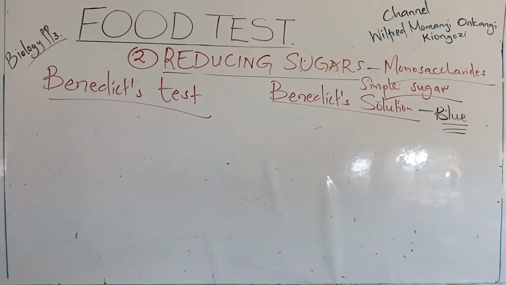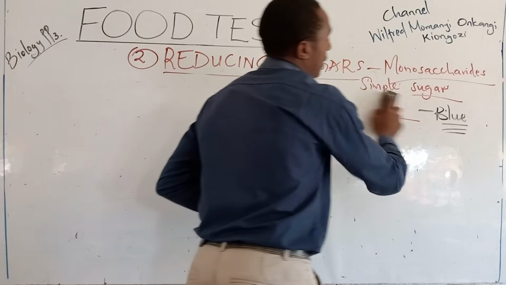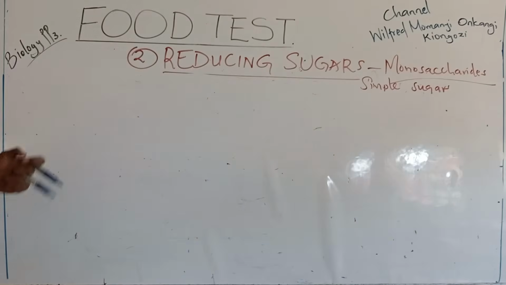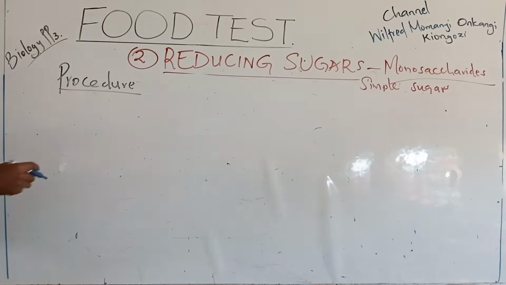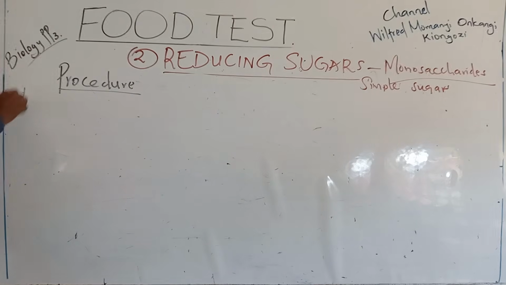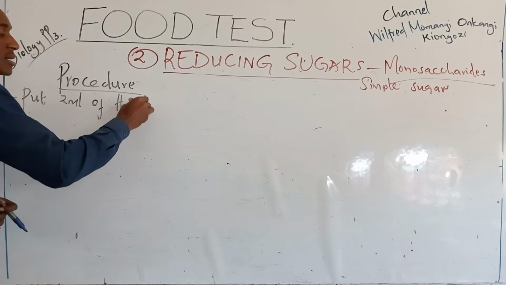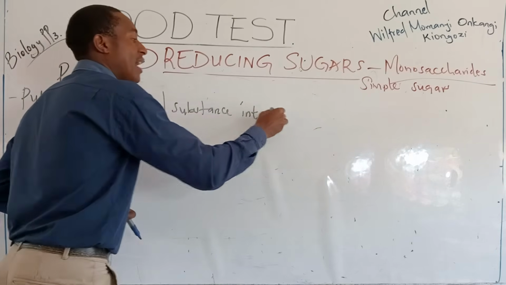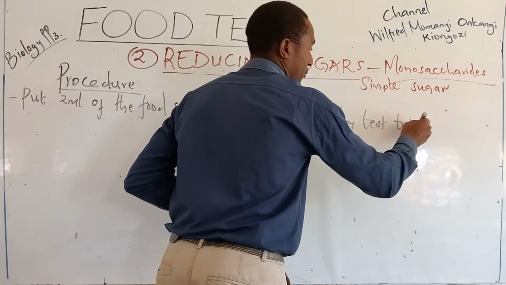Now from there, we go to the procedure for testing reducing sugars. And I'll tell you why they are called reducing. There's a reason for that. Procedure: I think we shall still use our 2 ml. We put 2 ml of the food substance into a clean, dry test tube.